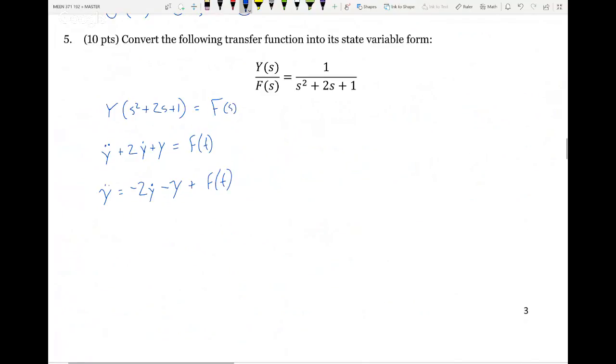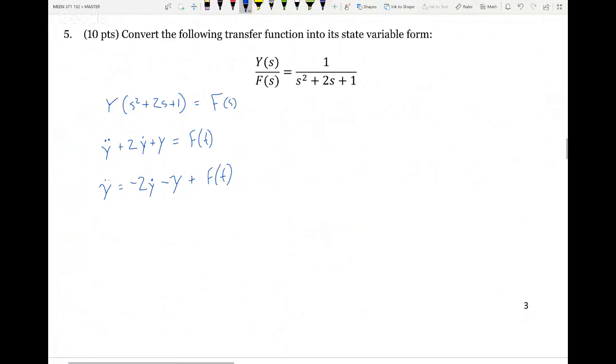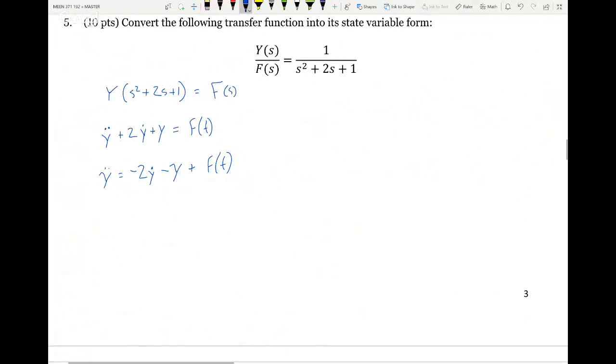The rules for state variable form are that you have to have a single derivative on the left and no derivatives of any kind on the right. Instead of y double dot, we're going to create a new variable. Let's call this y1 dot, which is going to be the same as y double dot.